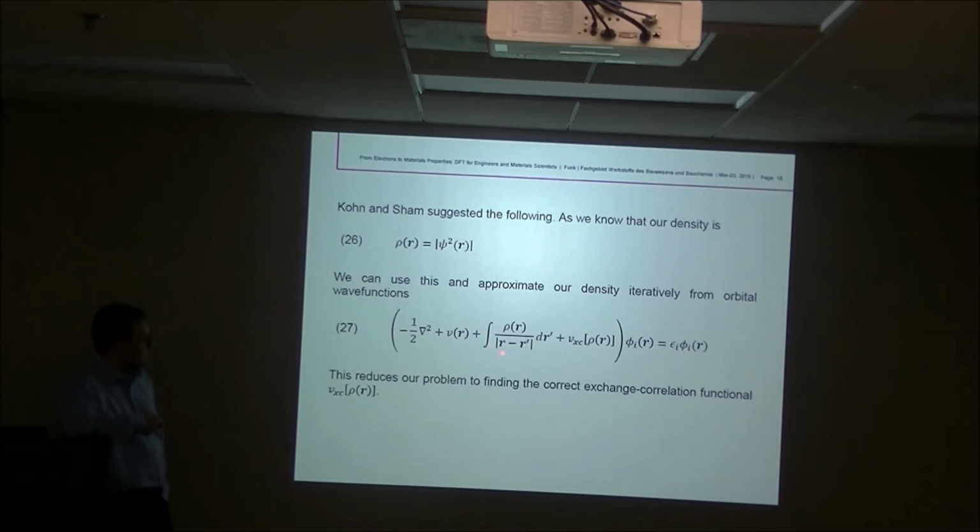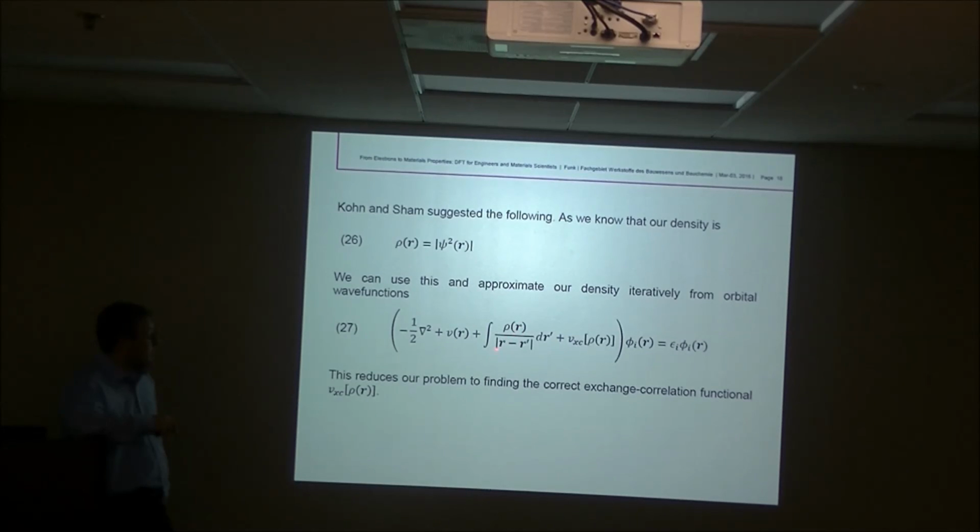This one is now expressed in electronic density. This is our Coulomb repulsion of the electrons. Because the density is the mean field, the probability to find all the electrons. So obviously, this is a Coulomb operator.